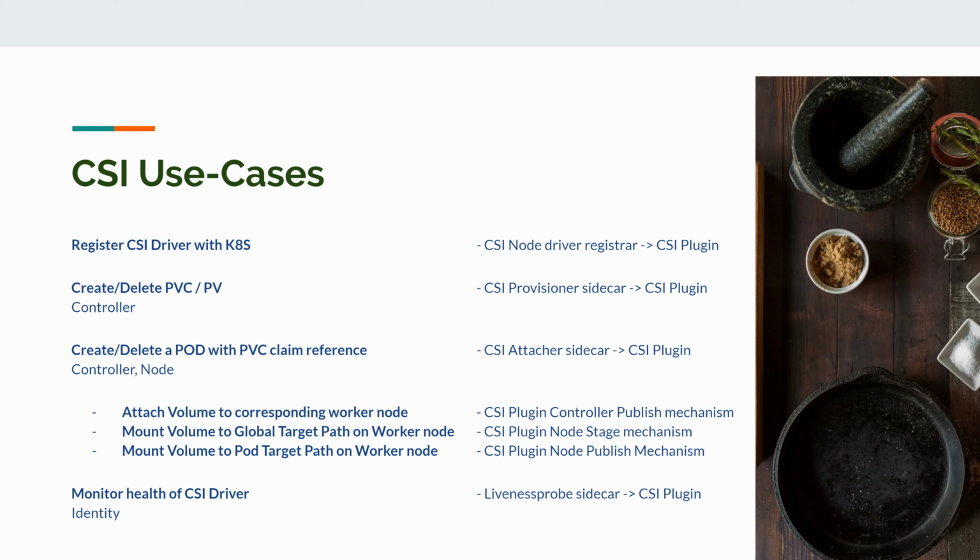And then when the persistent volume claim is created, it has to be attached to a pod. Otherwise, there's no use in the persistent volume claim. So when a pod is created with the persistent volume claim in it, the volume needs to be attached to the corresponding worker node. And finally, it has to be attached to the pod as well.